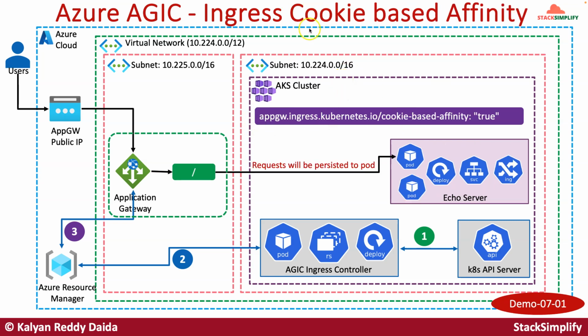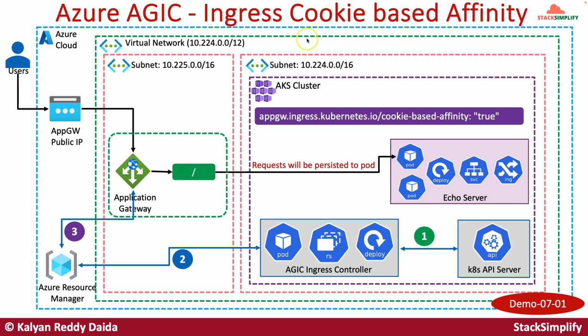After that, we'll go ahead and also implement cookie-based affinity. Cookie-based affinity is just an annotation change in your Ingress service. When you enable this, affinity will be enabled for your requests coming to the application, which means on the browser, whenever you access your application, your request will be persisted to that respective pod.